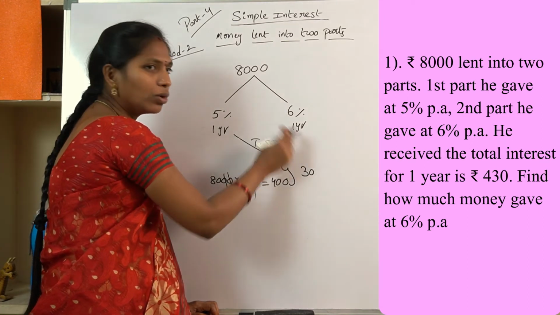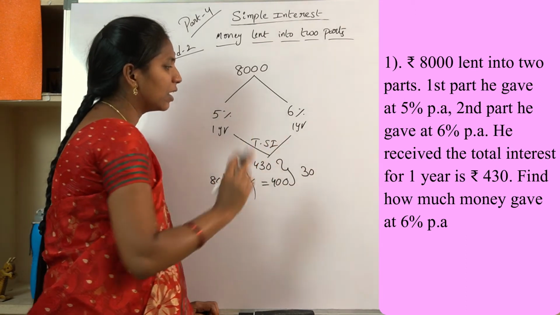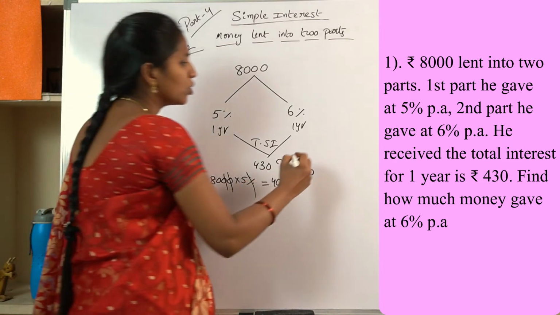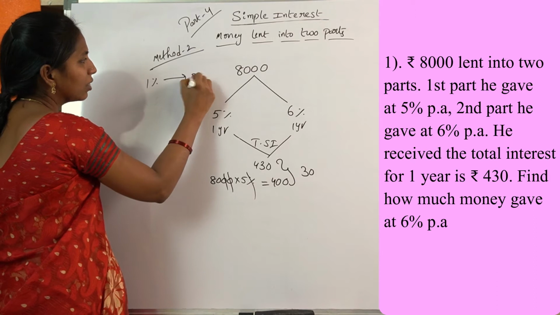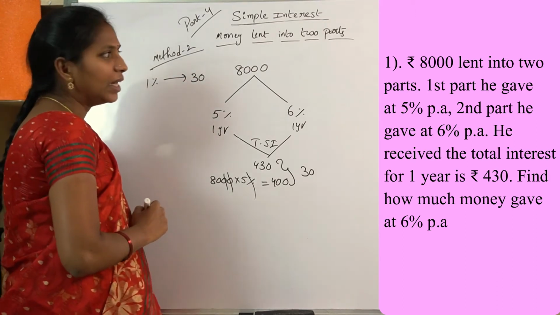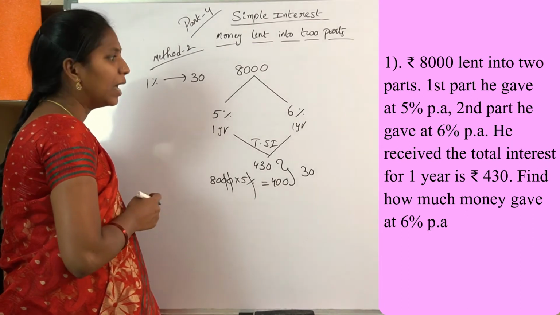This is equal to 1% because the difference between 5% and 6% is 1%. So 1% equals 30. Then the question is to find how much money was given at 6% per annum.